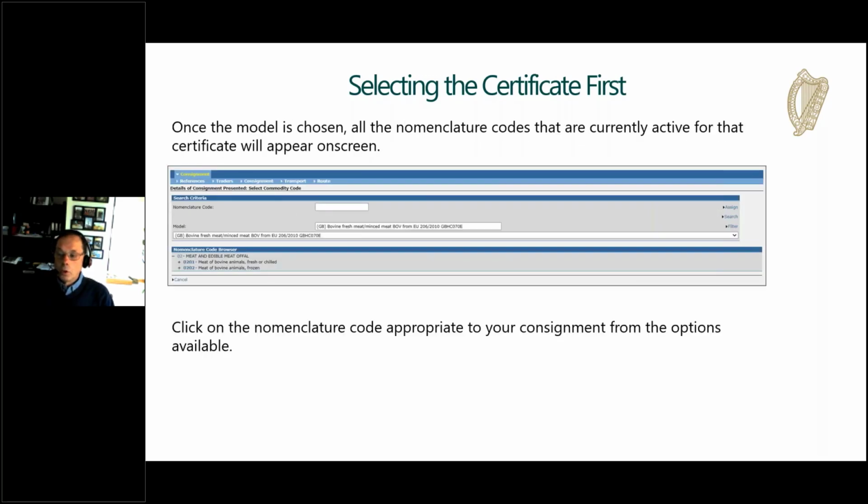Once the model is chosen, all the codes that are currently available for that certificate will appear on screen. Click the code appropriate to your consignment from the options available.